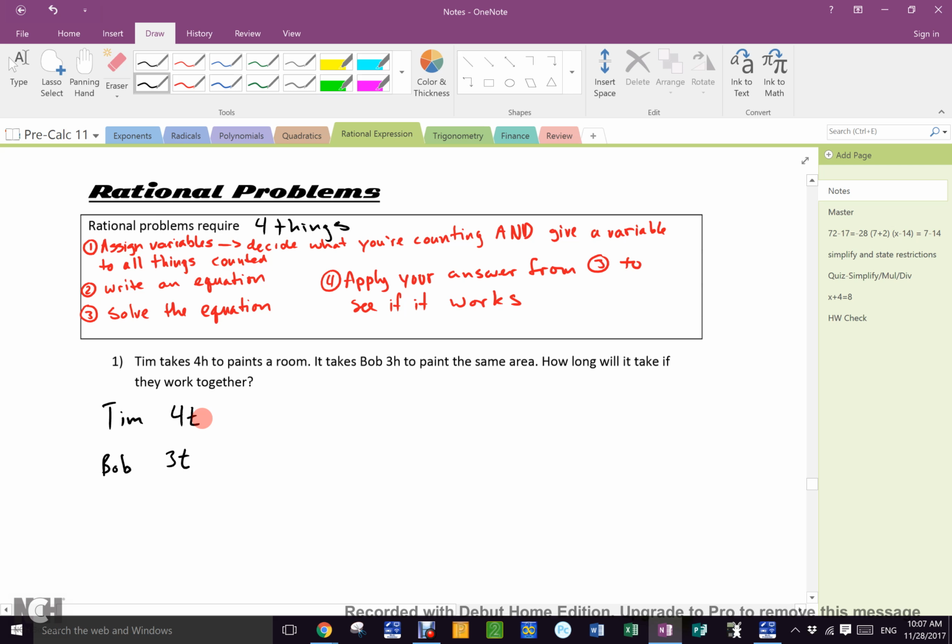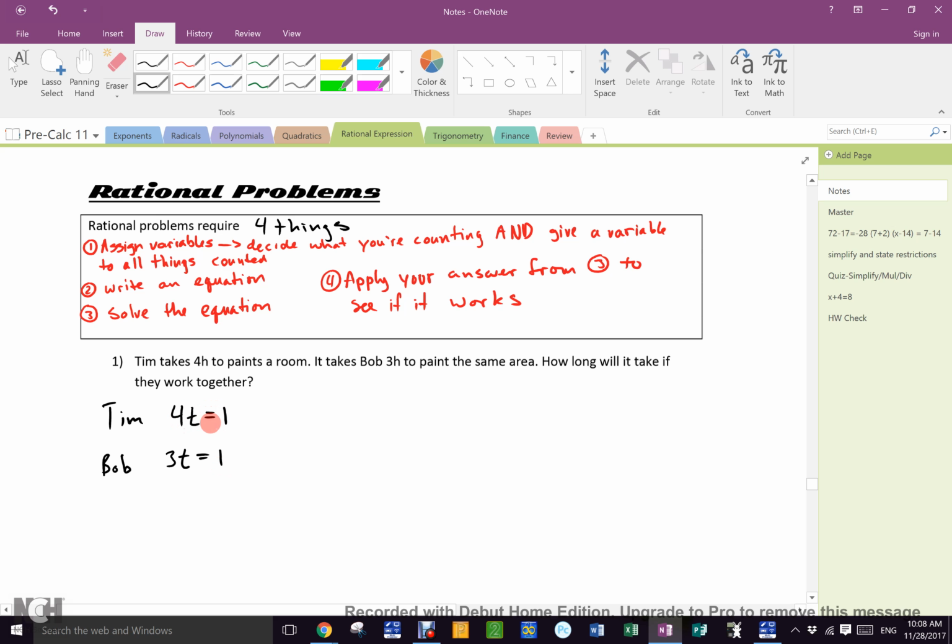Tim will take 4 T's to do how much of the job? The whole job, right? How many rooms are they painting, Burke? 1. So 4 T's will do 1 room, yes? What about Bob? 3 T's will do 1 room, yes? Everyone agree?